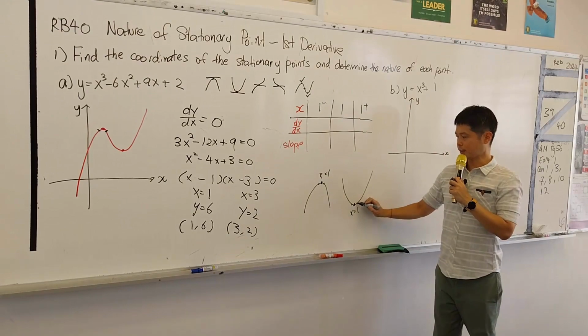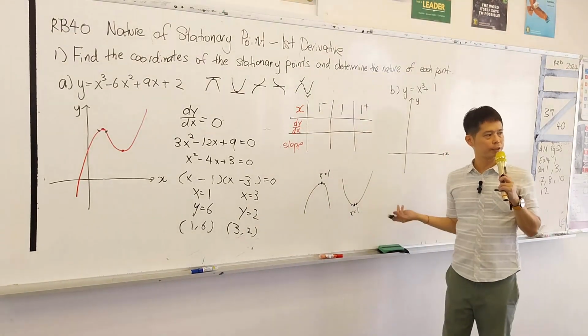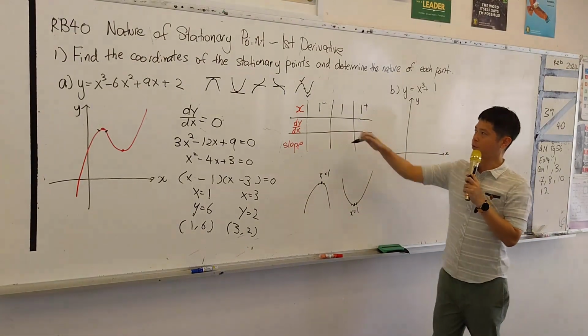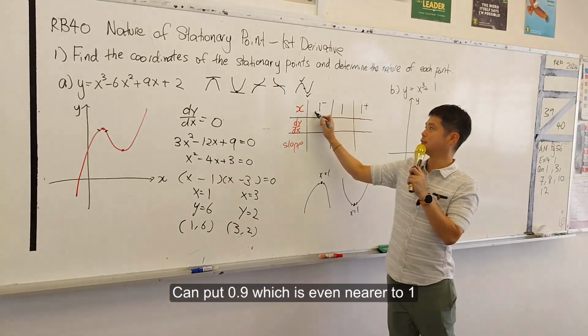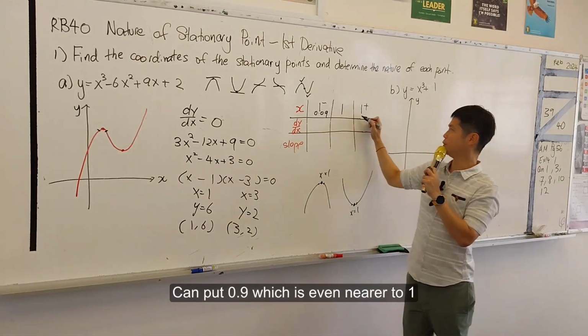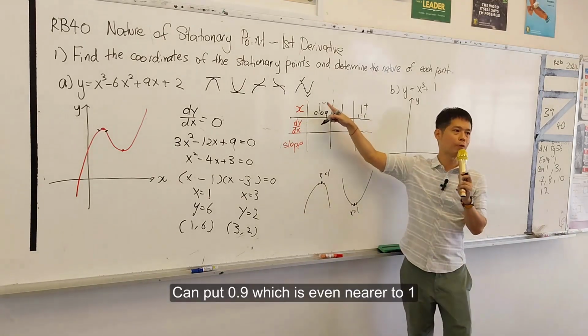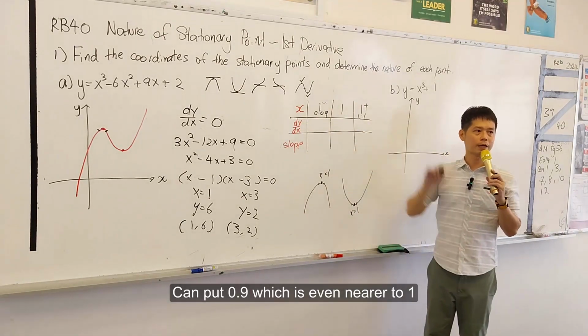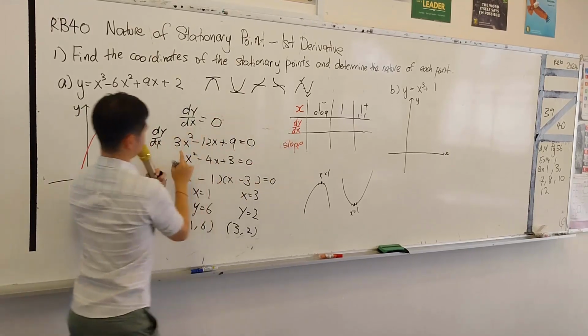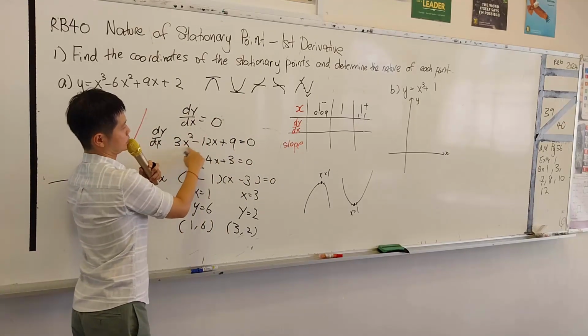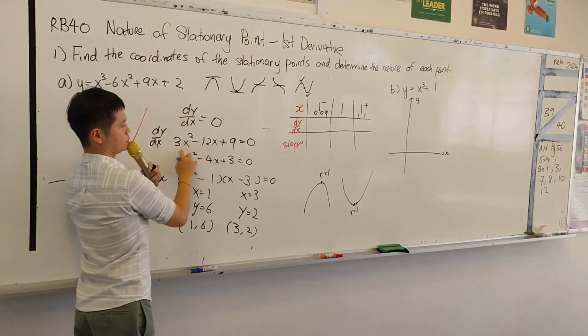Okay? So what do I mean? I'm going to test this point and this point. I don't know which graph. I really don't know. So I'm going to test. Now, when I put a number 0.09, for this instance, I'll write down for the sake of learning only. Now, during exam, you just need to write 1 minus and 1 plus. Yeah, dy dx, sorry, I'm going to put into dy dx. 0.09, I put here.